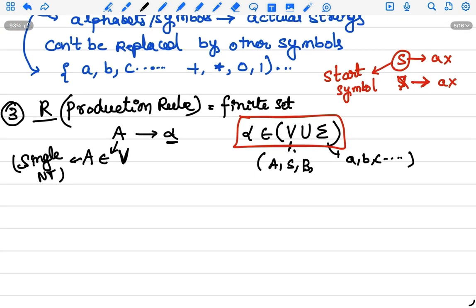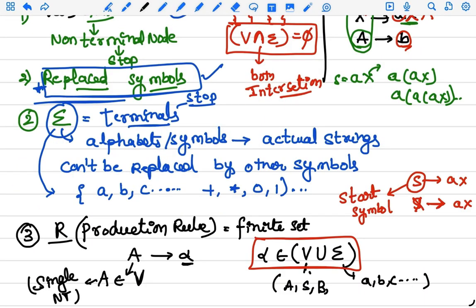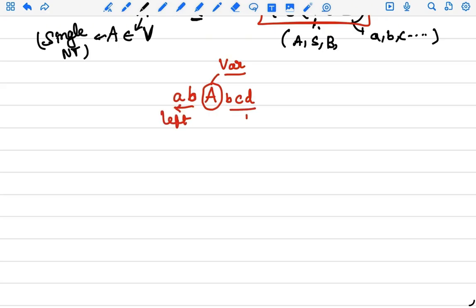Why is this called context free grammar? Why is this called context free? For example, let us consider small a, small b, capital A, small b, small c, small d. If we consider the capital A, this is the variable. The part on one side is called the left context and the part on the other side is called the right context.